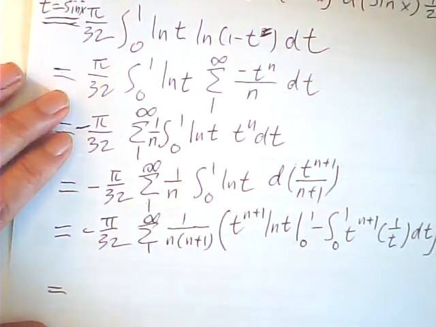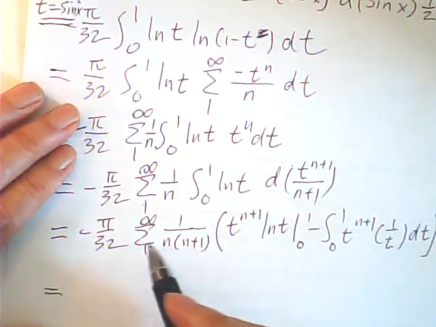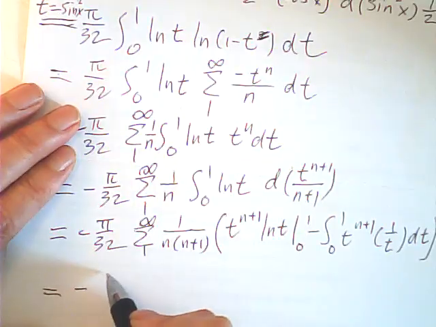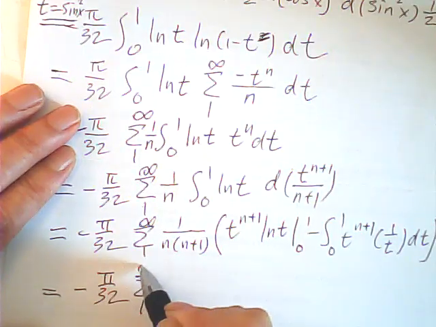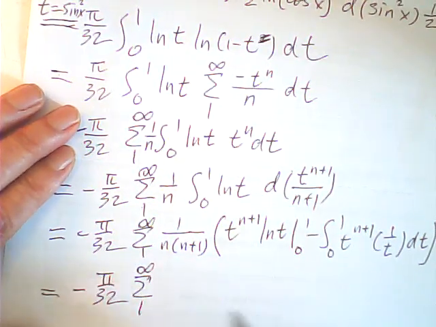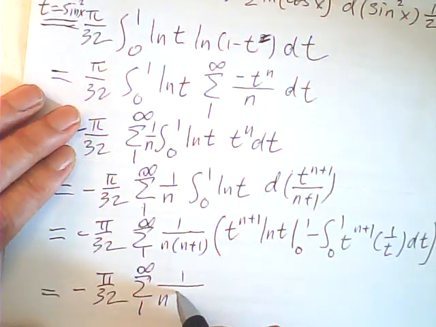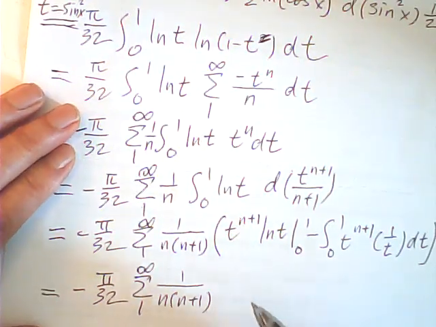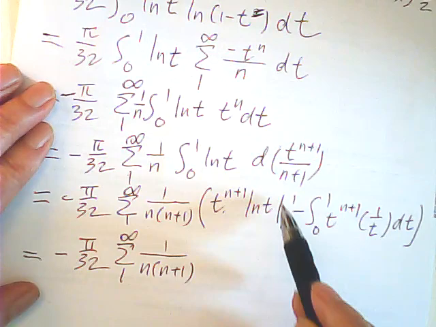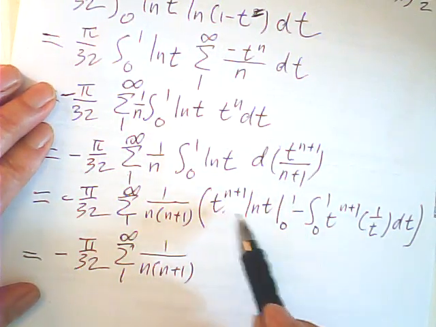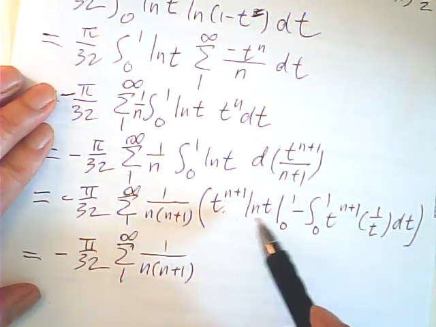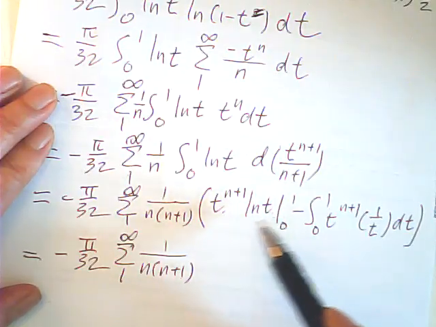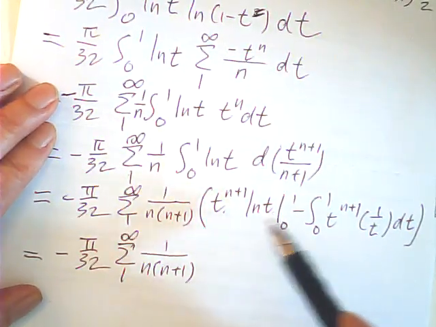Wow. This one is minus pi over 32 sigma n plus 1. For this, when t equals 1 it's 0. When t equals 0, well, it's kind of a limit.